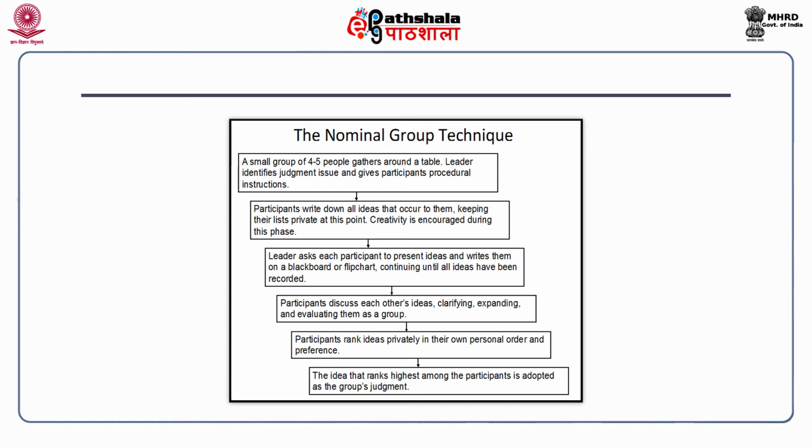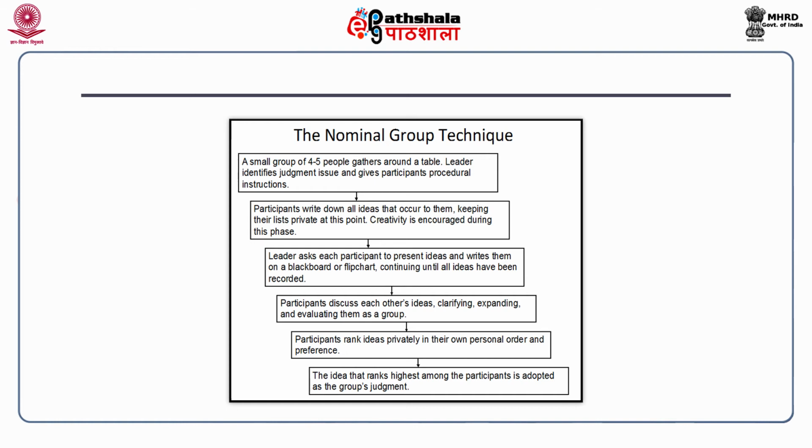Creativity is encouraged during this phase. Leader asks each participant to present ideas and writes them on a blackboard or flip chart, continuing until all ideas have been recorded. Participants discuss each other's ideas, clarifying, expanding, and evaluating them as a group.